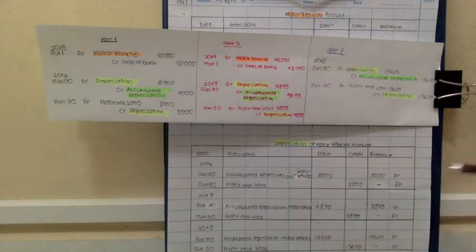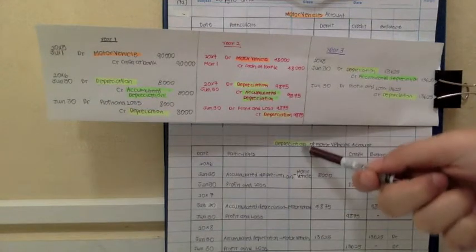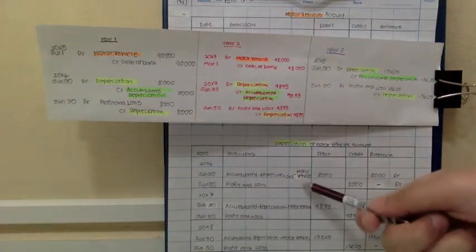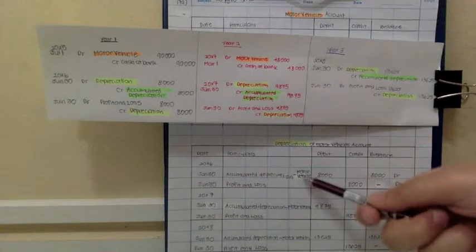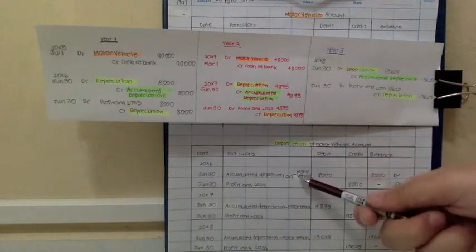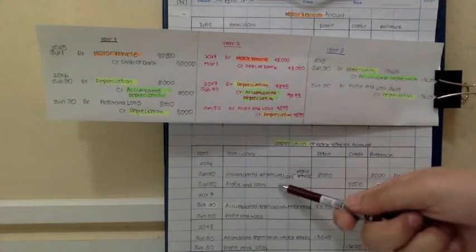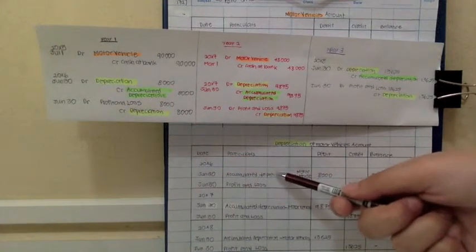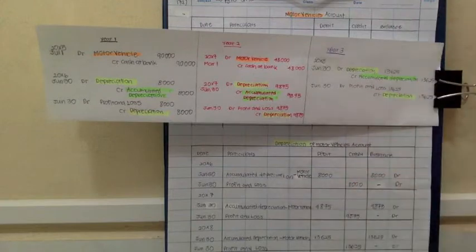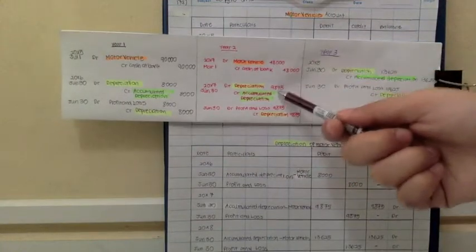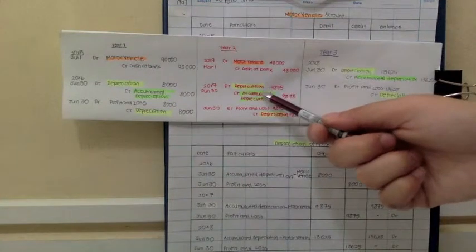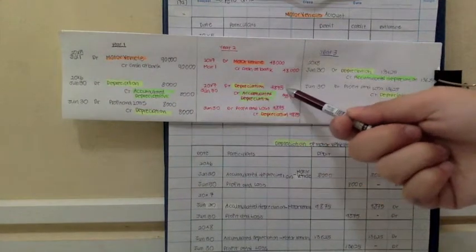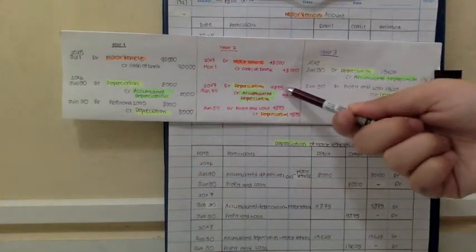As you know, the depreciation account will always be zero at the end of the year. Why? Because all the depreciation amount will be transferred into profit and loss at the end of each year. Now we look at year 2, 2007. It's the same, but the amount is different at 9,875.